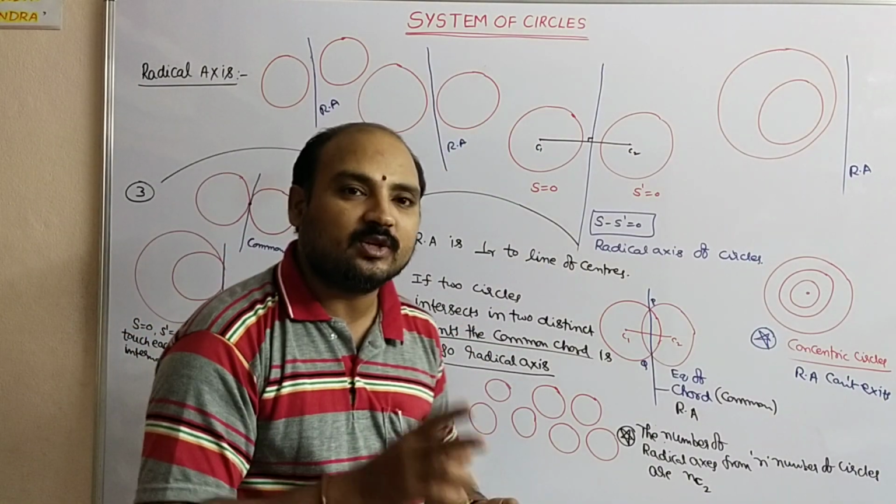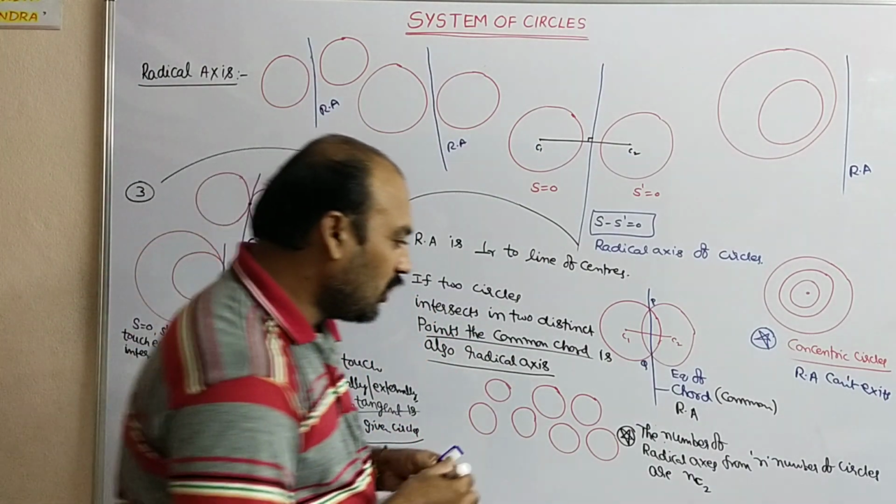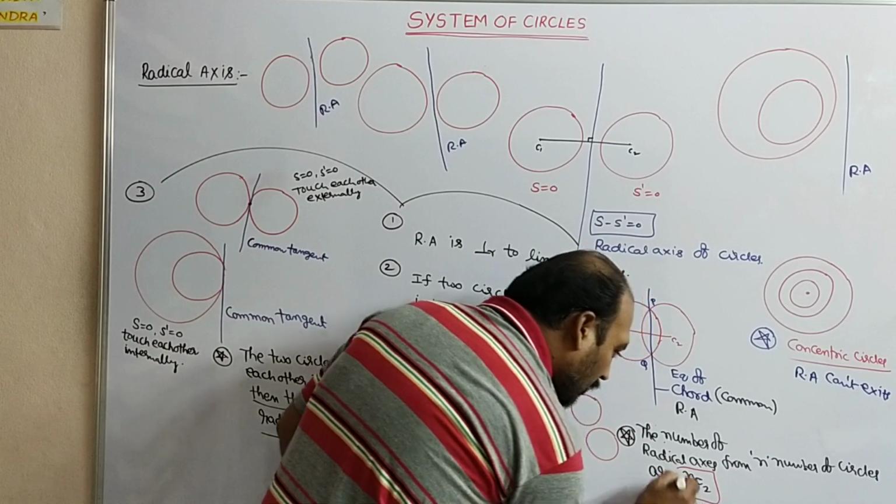Out of n circles, you have to select any two. You have to remember, this is a very important point.